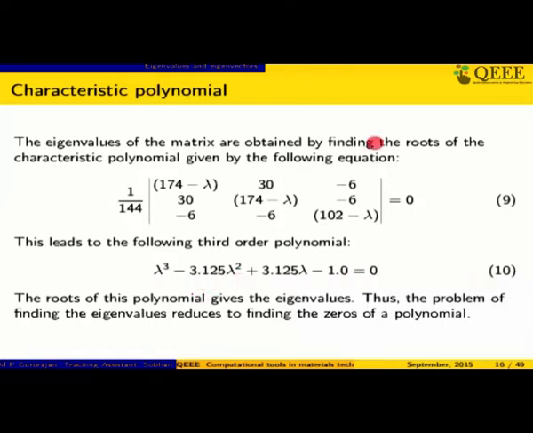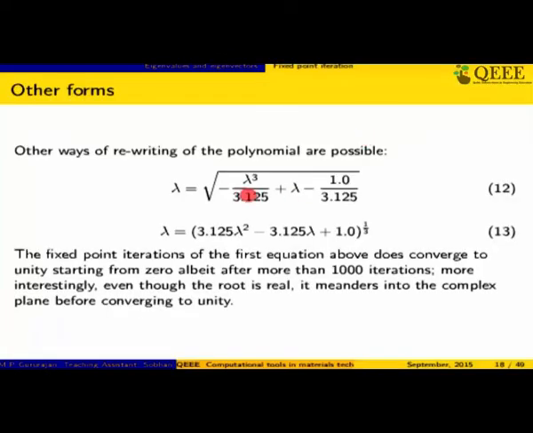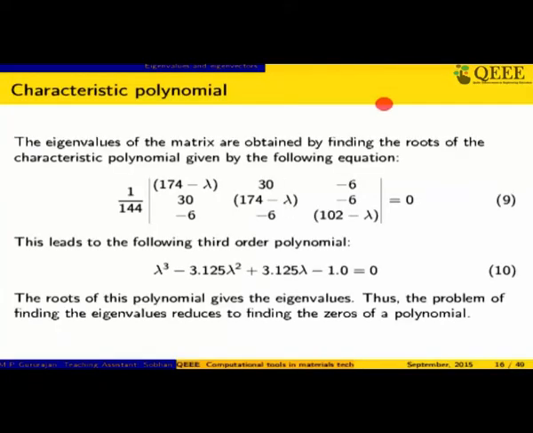That will also be equal to lambda, right? So there are many different ways, and I can write it like this. Lambda is equal to square root of lambda minus 1 by 3.125 minus lambda cube by 3.125. No, this is wrong. Okay, so let me write it properly. Let me write it.